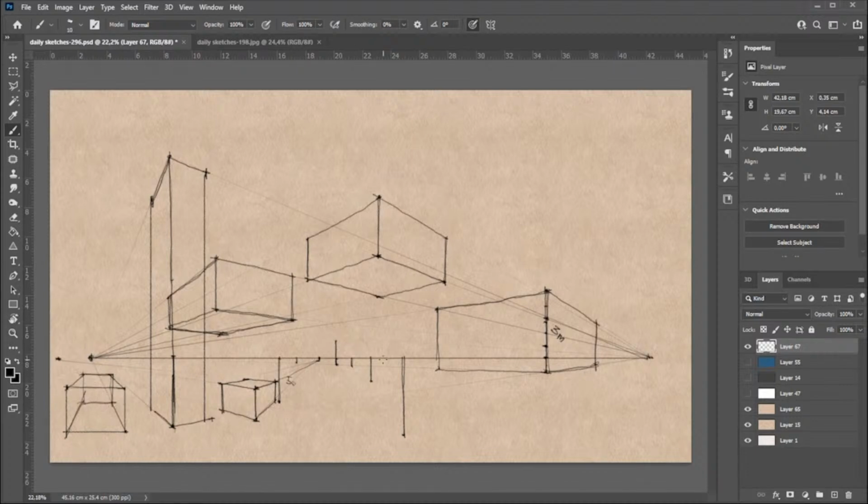You can draw it here and add another point here, and this could be another cube. Drawing a transparent cube like this is better for you.